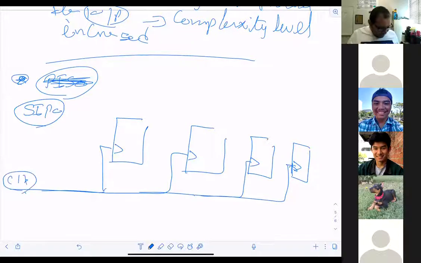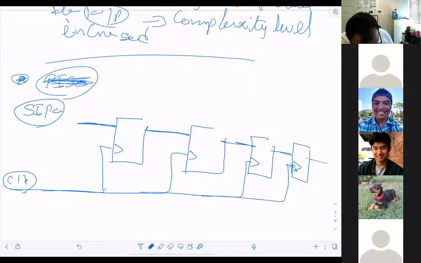Cool. It's serial input, right? So that means like this. Right? So DQ, DQ, DQ, DQ. Now it's parallel, right? Parallel outputs.